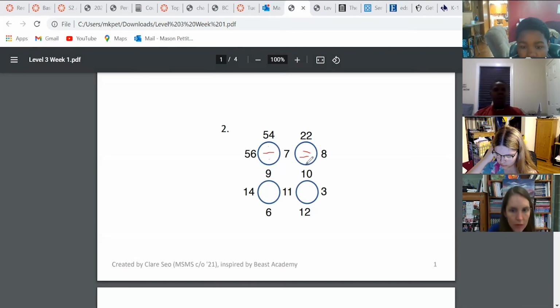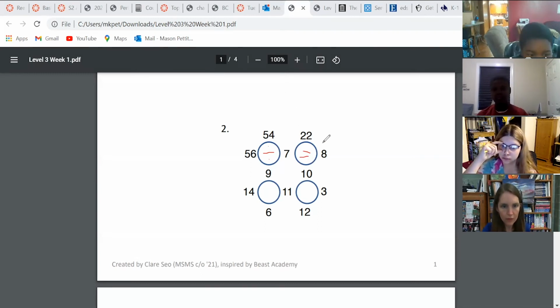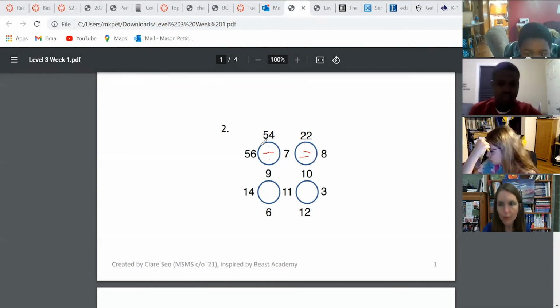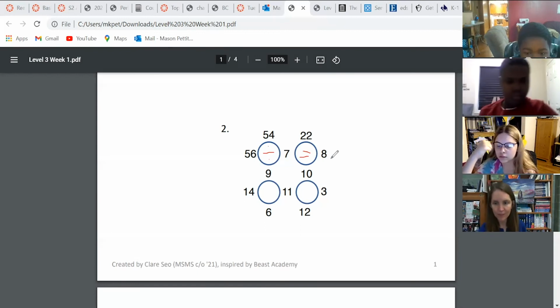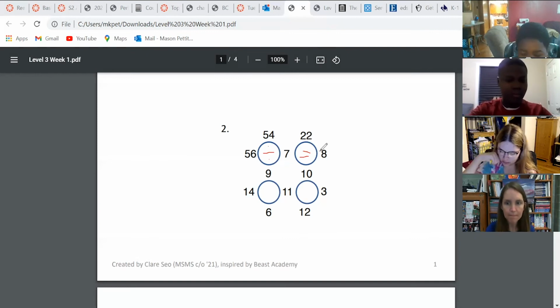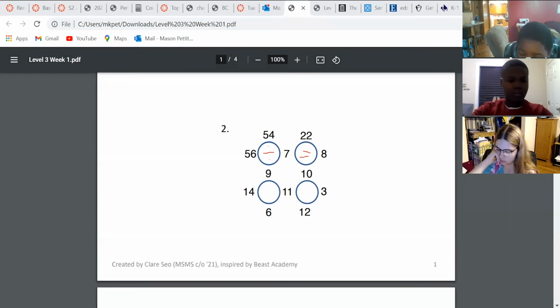Oh, Moshi. Okay, let's think of it this way. You said 22 minus 10 equals 12, which is correct. Your math isn't wrong, but you have an equal sign there, so you're going to have to flip one of the two. Maybe you can try adding, because 12 plus 10 should give you 22.